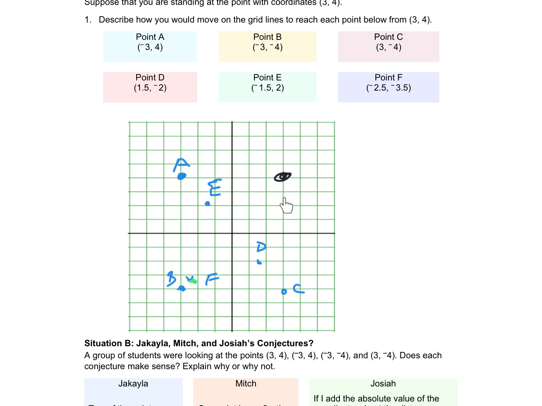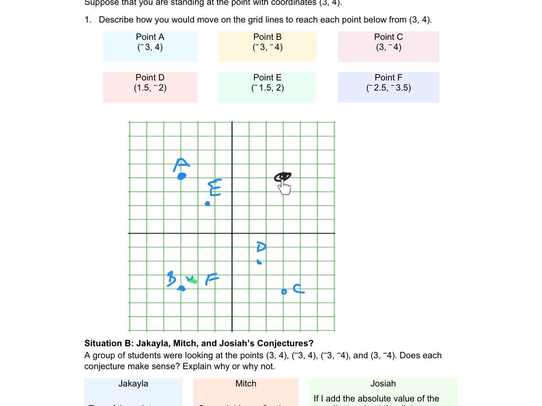For C, we're going 1, 2, 3, 4, 5, 6, 7, 8 straight down. For D, we could go 1, 2, 3, 4, 5, 6 down, and then 1.5 left. Or we could go the 1.5 left and then 6 down.